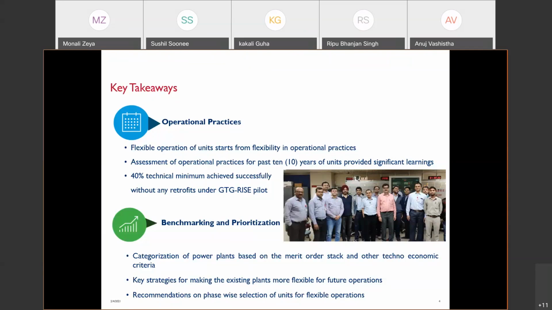What we did was, during the feasibility stage, we took their 10-year operational data, water chemistry data, and how the boiler tube leaks, or what have been the major replacements and major capex investments that have occurred, and that essentially helped us to carve out certain recommendations on the operational procedures.